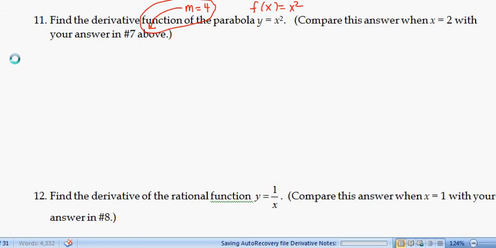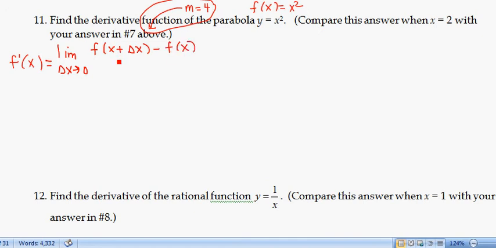Okay, so we're finding the derivative function. So this is denoted f prime of x. This is equal to the limit as delta x goes to 0 of f of x plus delta x, right? So no longer in terms of some constant, minus f of x all over delta x.